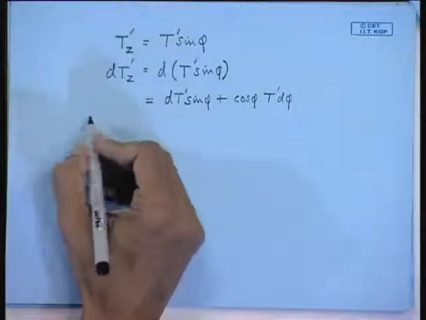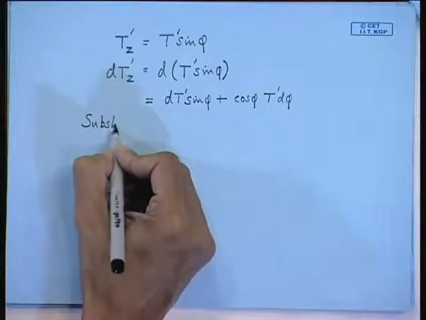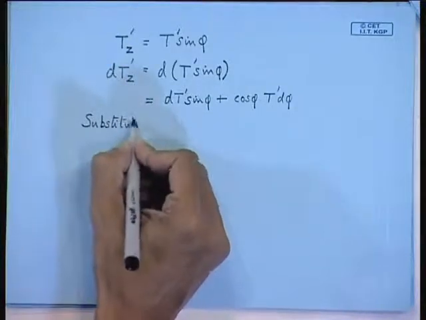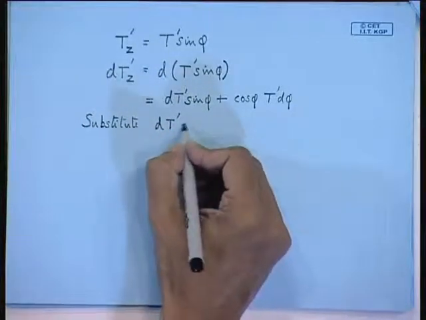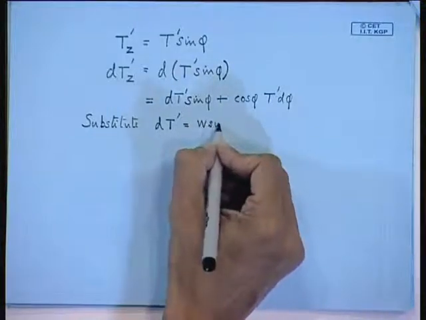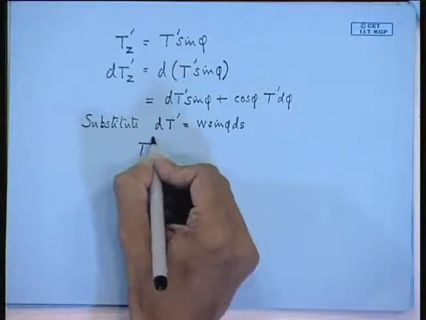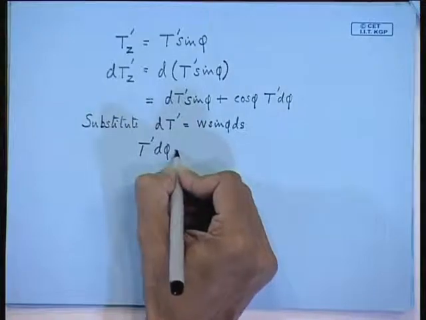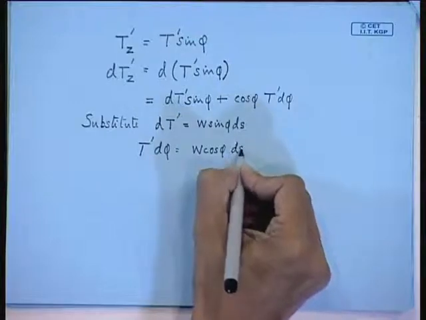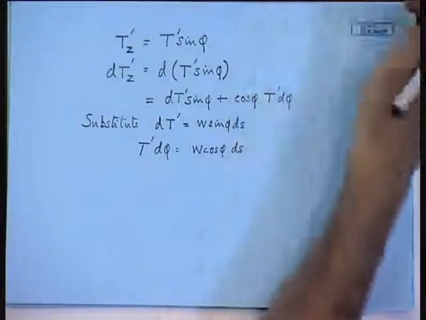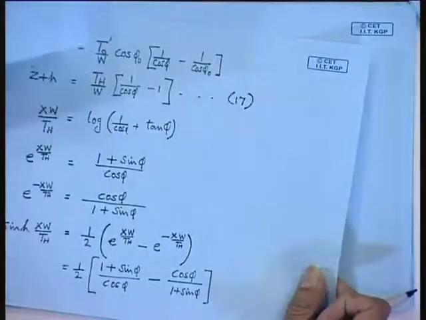Now you substitute these two expressions. At the beginning we started out with this. What was the value of dT prime? That is W sin phi ds, and the expression for T prime d phi was W cos phi ds. Now you have to use these two expressions and substitute. So this is your equation, the one that we have derived. That will be equation number how much?